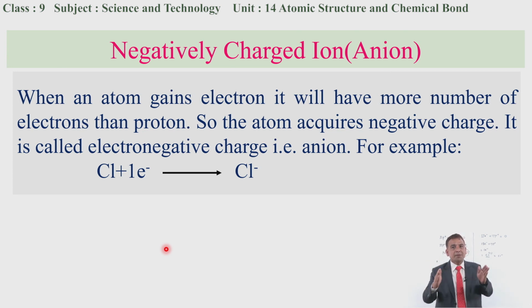These negatively charged ions, when they gain the electron, are called anions, because during the electrolysis process, these ions move towards the anode, that is the positive terminal of the battery.